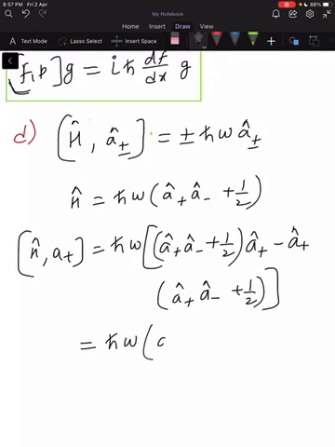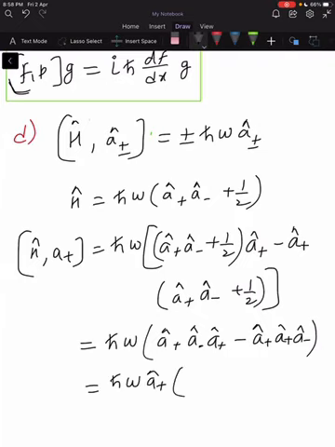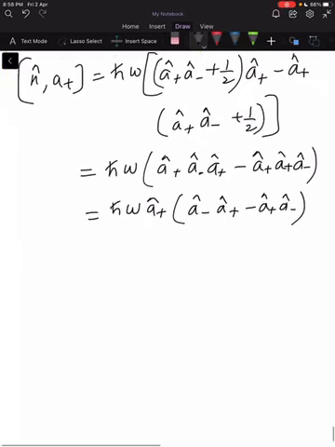After solving further, for the right hand side we can write ħω(a+ a- a+ - a+ a+ a-). So we can write it as ħω a+(a- a+ - a+ a-).